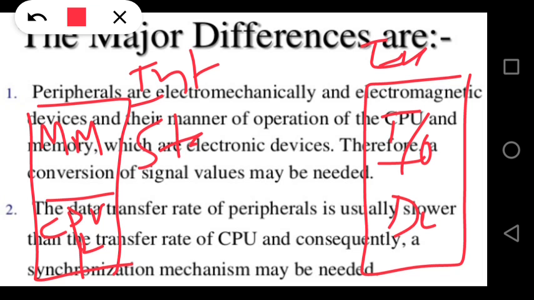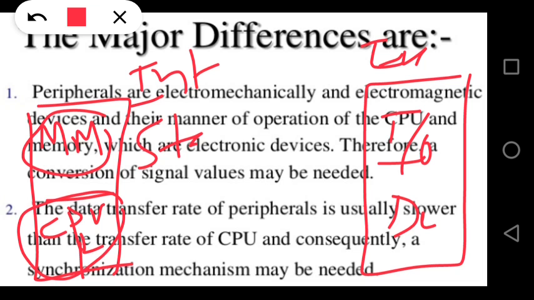So the peripherals are electromechanical or electromagnetic devices, and their manner of operation is different from the CPU and memory, which are electronic devices. The main memory and CPU registers are electronic devices, whereas these external IO devices are electromechanical devices, not electronic devices.